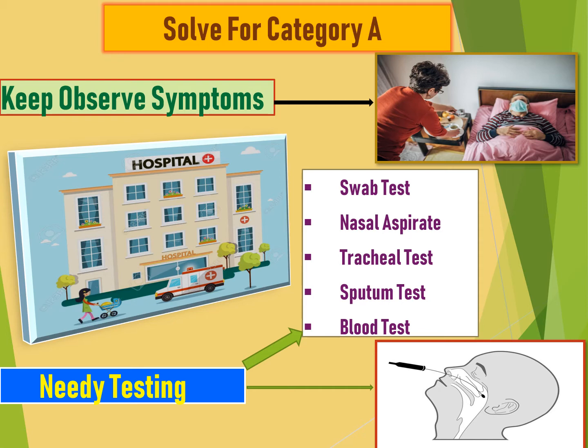These are all the various kinds, and based on the availability of the infrastructure and the resources and the expertise, these kinds of tests may be considered for counting the influence of coronavirus attack on a patient.